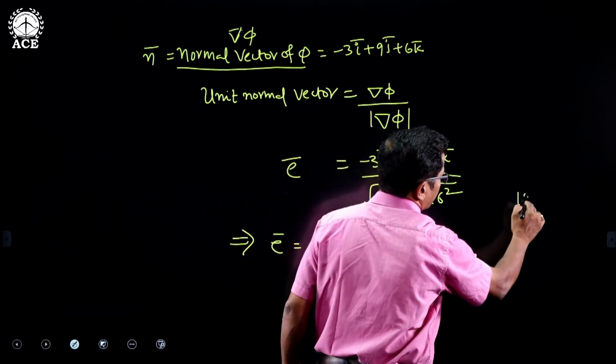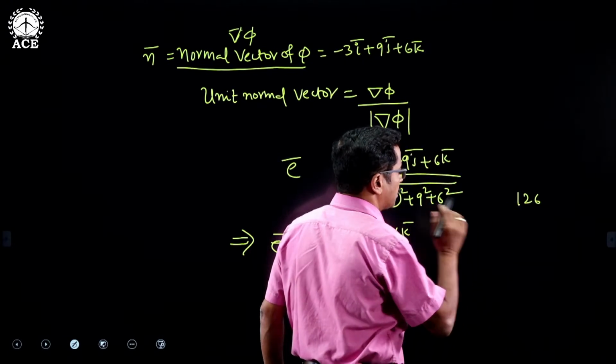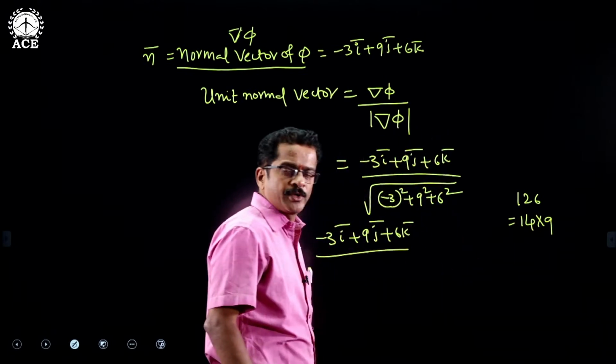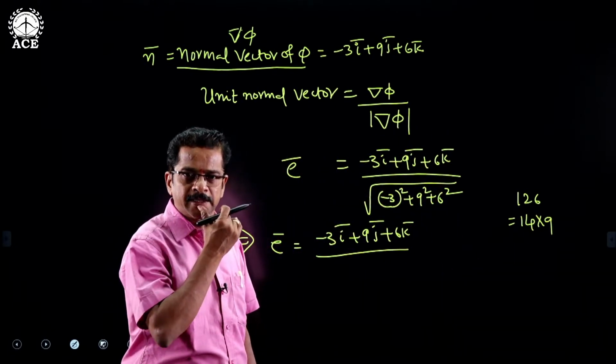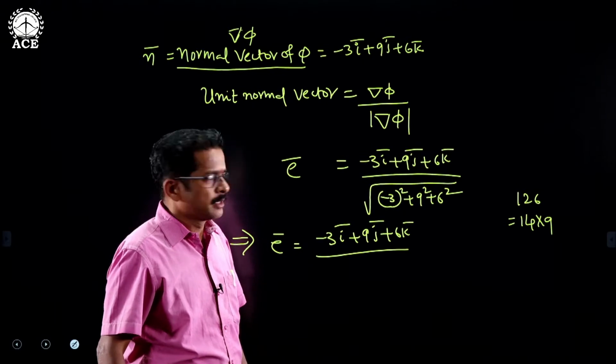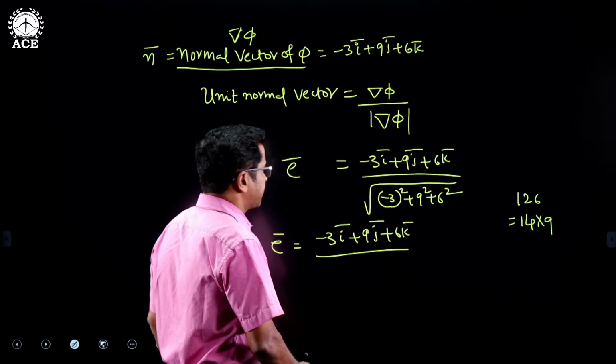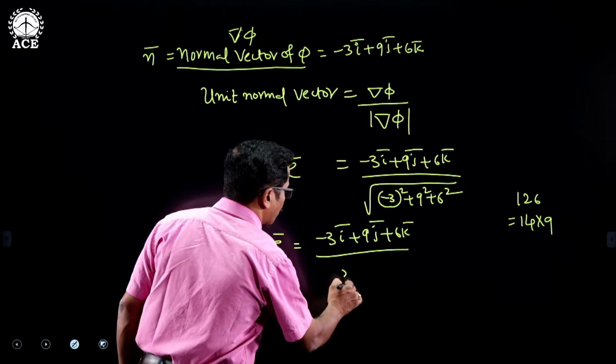126 means what, how do you write it? 49s are 126, okay. So 9 square root is 3, so we write this as 3 root 14.